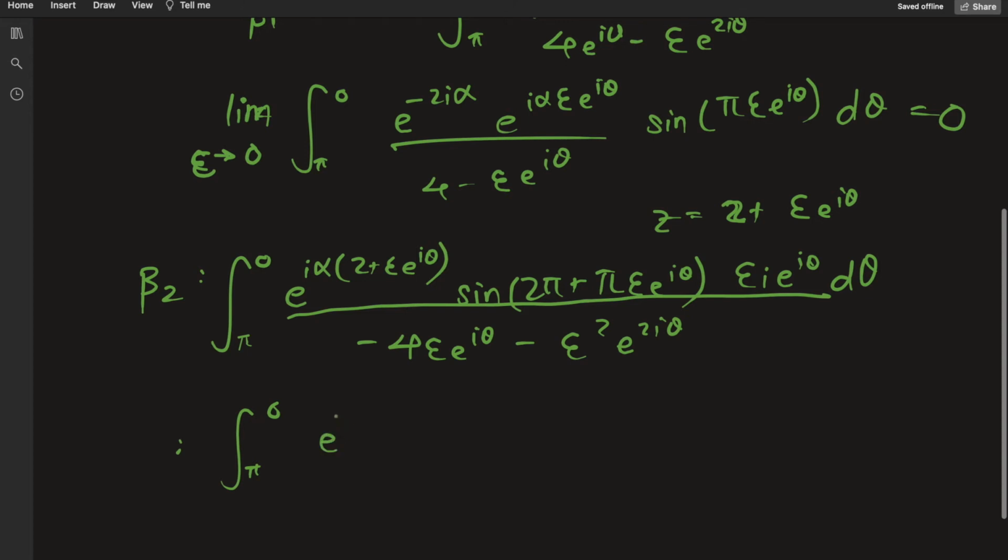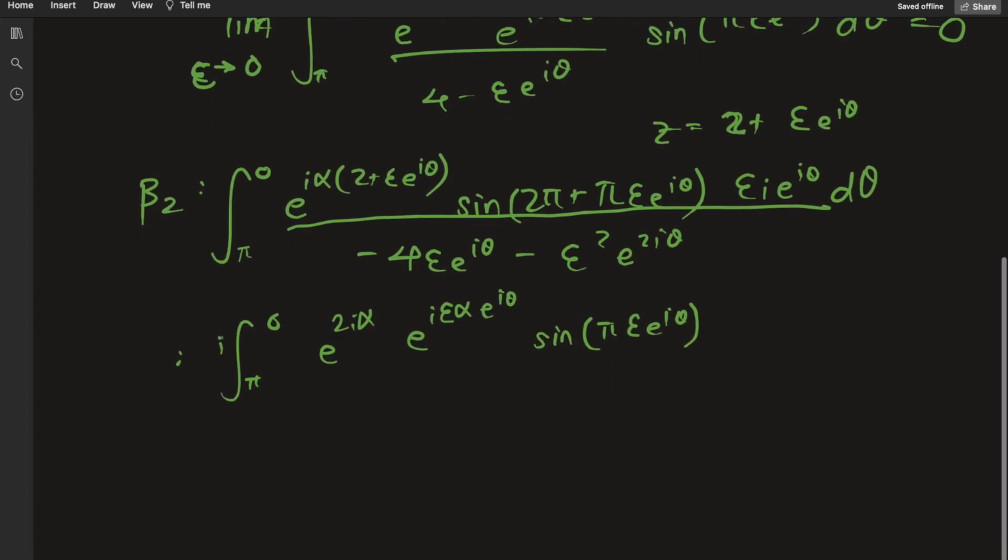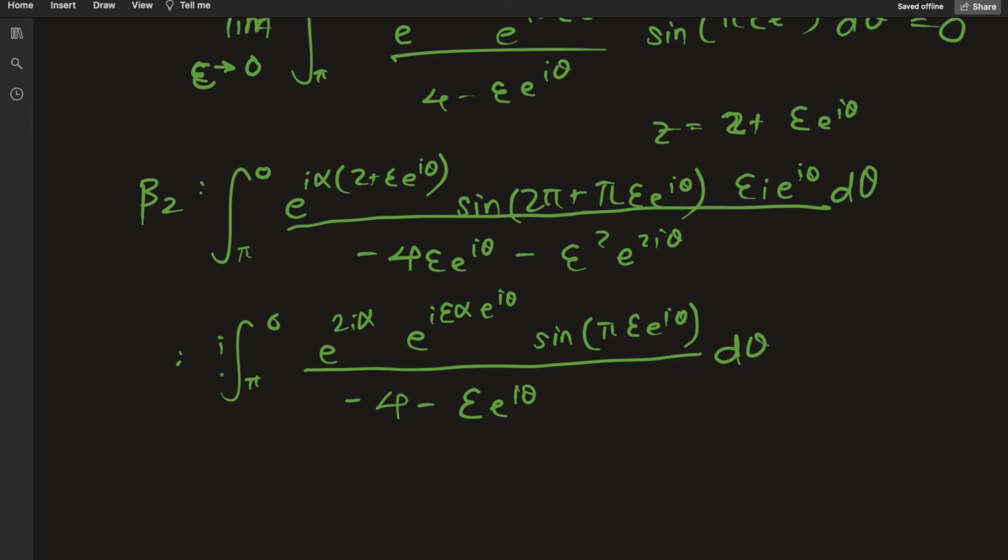We have e to the 2I alpha e to the I epsilon alpha e to the I theta sine of pi epsilon e to the I theta. We still have an I though, divided by negative 4 minus epsilon e to the I theta d theta.